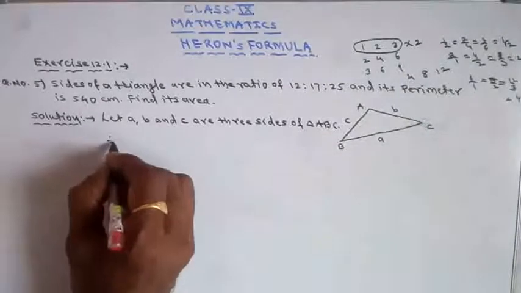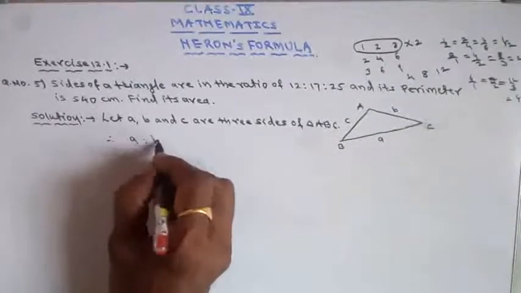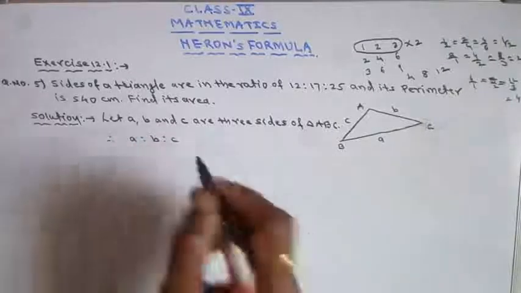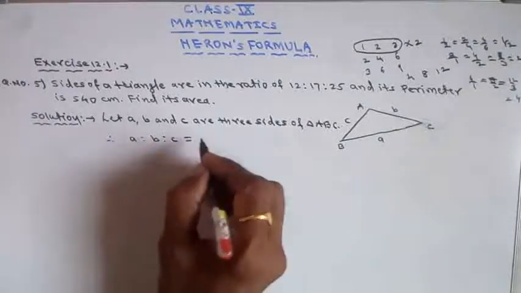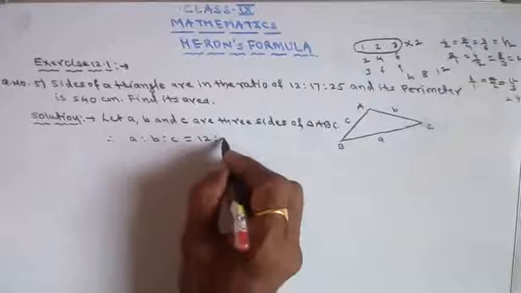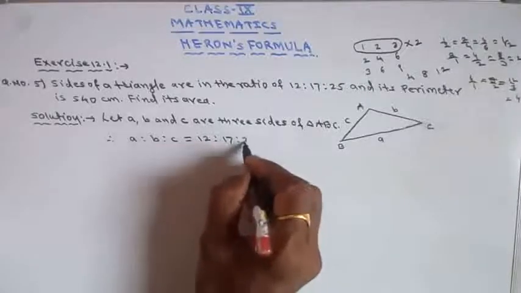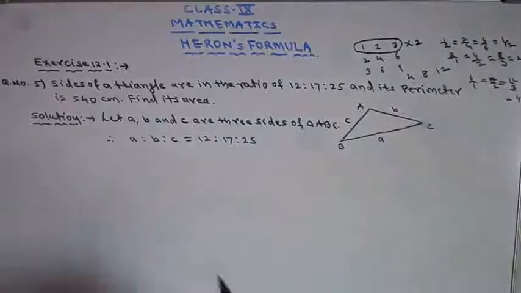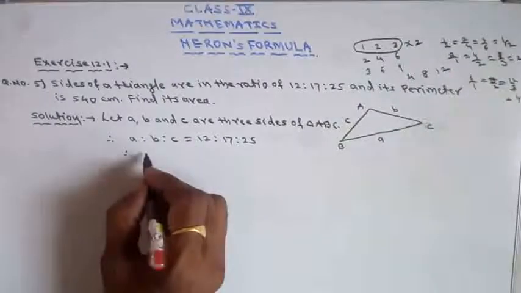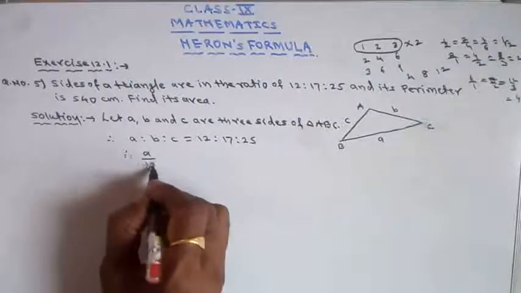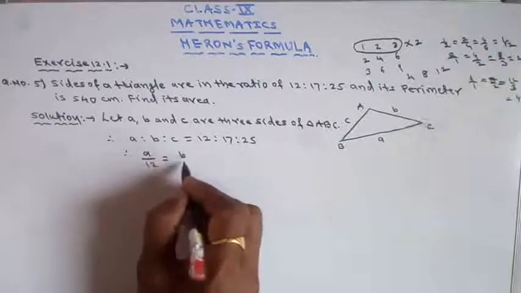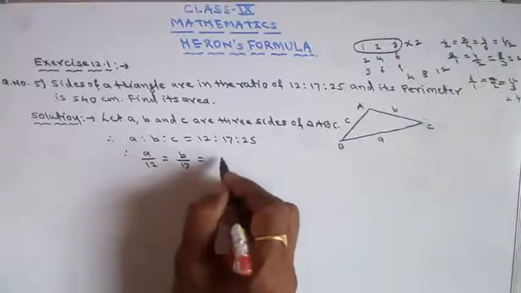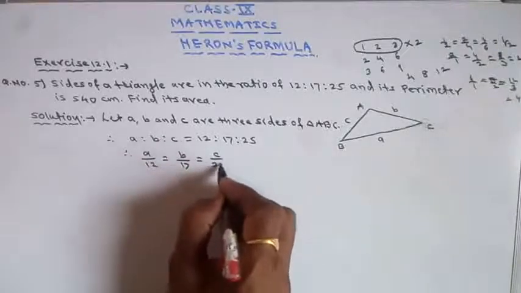Therefore for these three numbers, a is to b is to c, this ratio that is given, 12:17:25, I can take a upon 12 equals b upon 17 equals c upon 25.